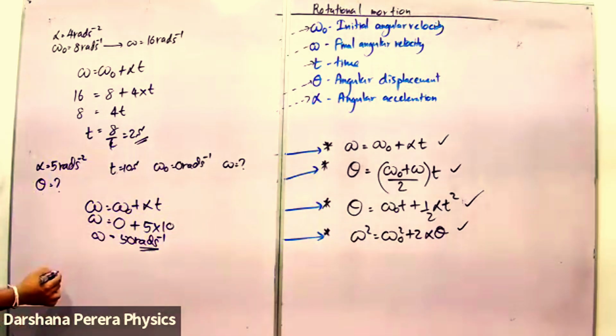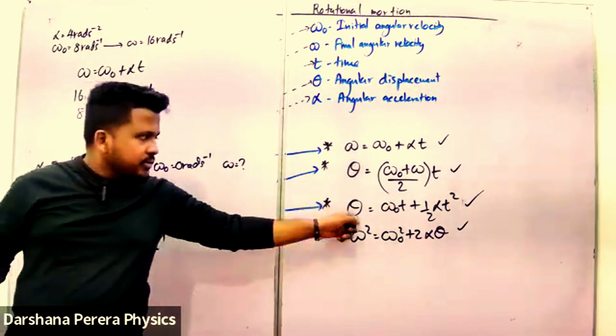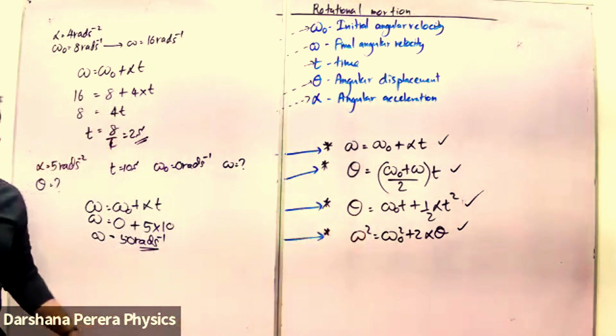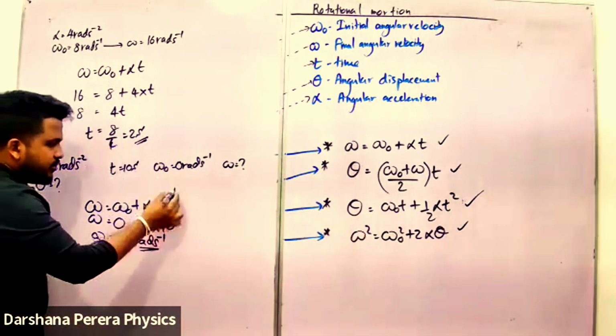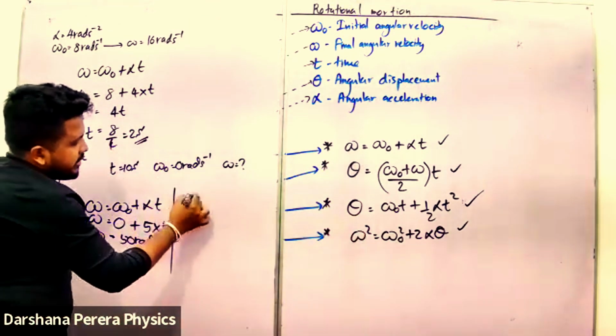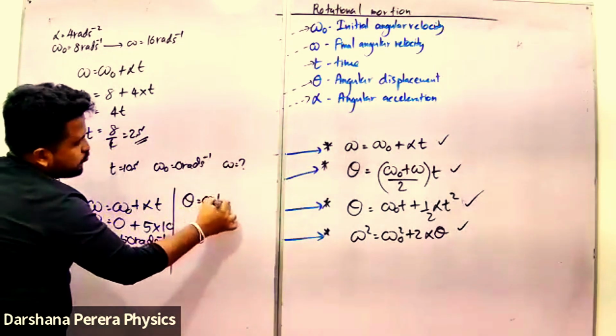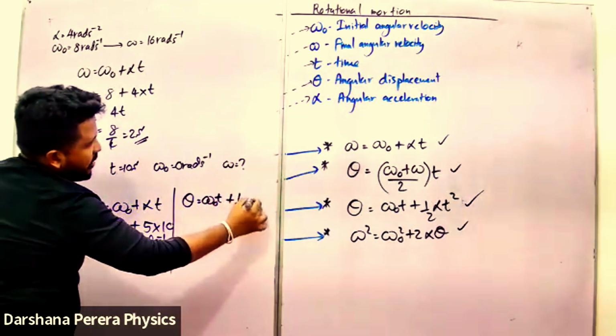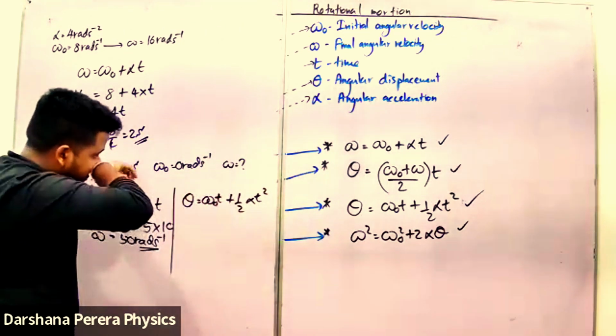Then we have to find theta. How to find theta? We can use the third equation. Theta equals omega naught t plus half alpha t square.